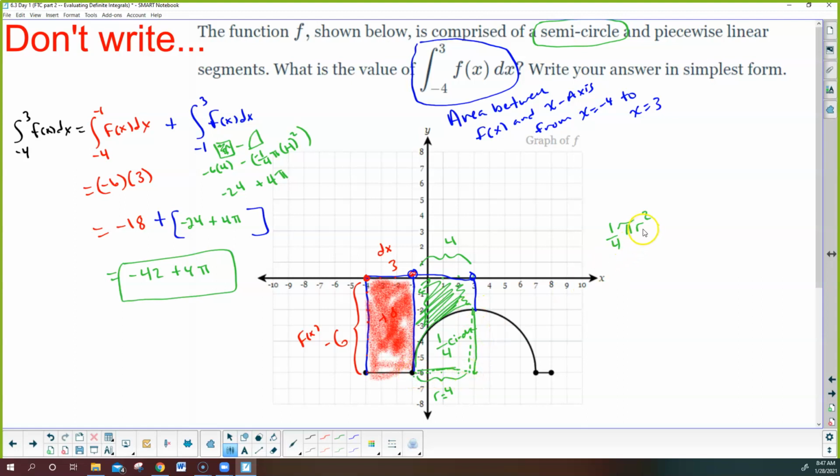So I would just count the radius as 4. So I didn't show all of my work there, but 4 squared is 16, and 1/4 times 16 is 4, and then we just leave pi. So that's the area of the quarter circle, and that's what went right here.